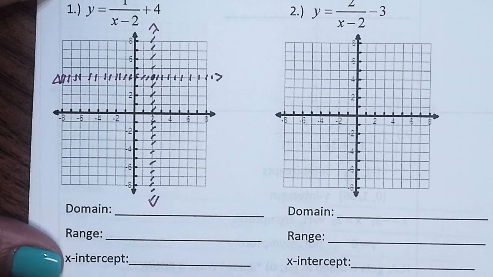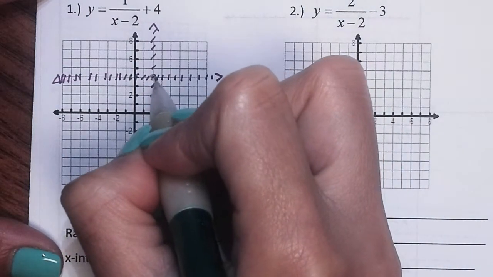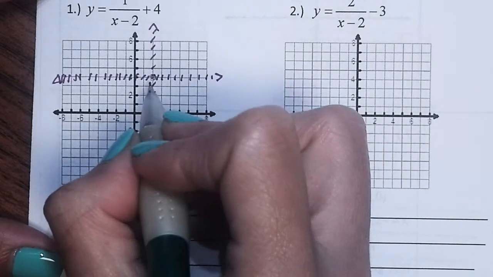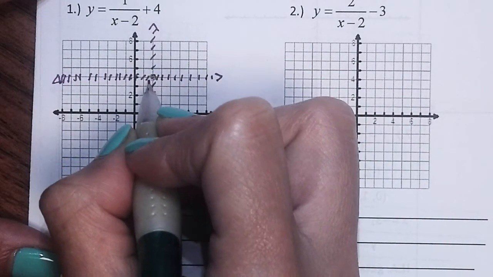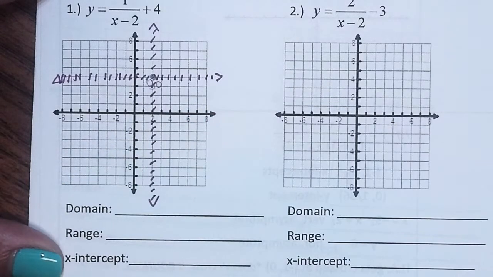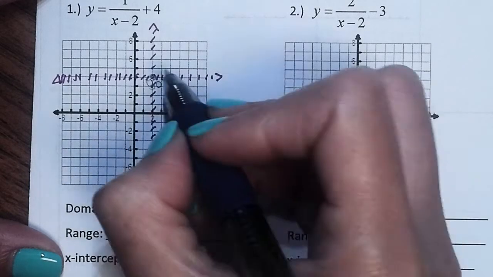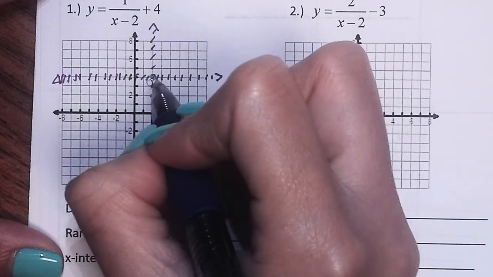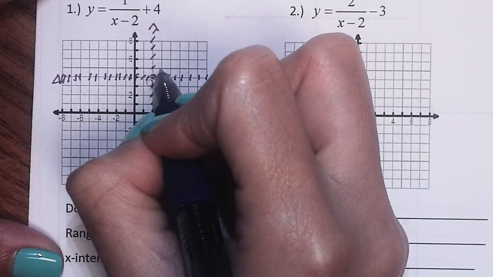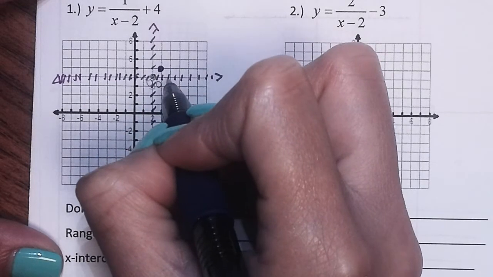The way I think of it is this 2, 4, that's where the asymptotes meet. I just pretend that's the new origin, like 0, 0. And from here, I just graph the parent points. In my head, I have the parent points memorized. For the positive function, I know the points are 1, 1, because 1 over 1 is 1.